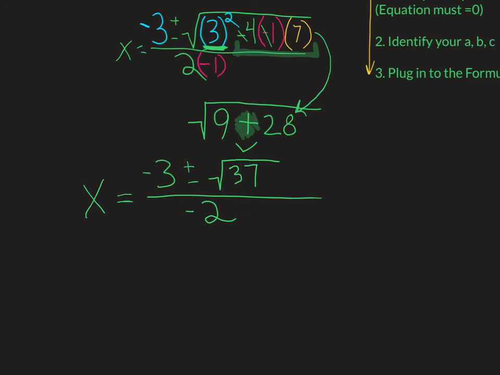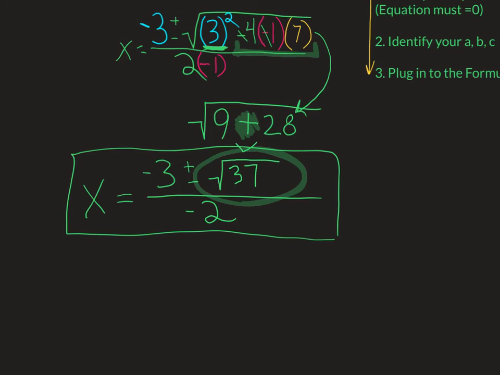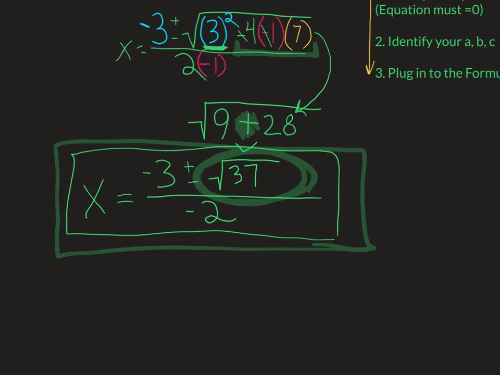We can maybe approximate the square root of 37 if you had a calculator, but you can stop here if you end up with something that doesn't work out exactly. We're going to go back and look at a couple of the other ones we just did. If it's going to be something that's not a perfect square, that's going to be a really big irrational number, you can leave it, and this is an acceptable form for your answer.